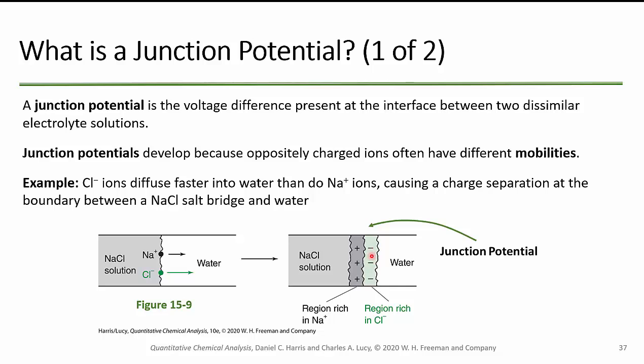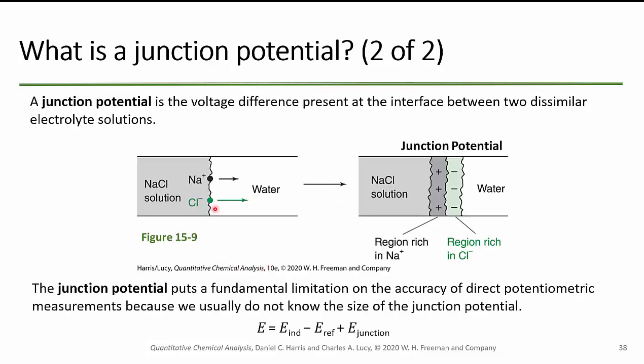Now you've got a region relatively higher in chlorine than in sodium. Well, now I've got plus charges on one side, minus charges on the other. I have built up a potential difference at this chemical interface because of relative ion mobilities. So my chlorine goes fast, my sodium goes slower, and I'm going to end up with a potential difference.